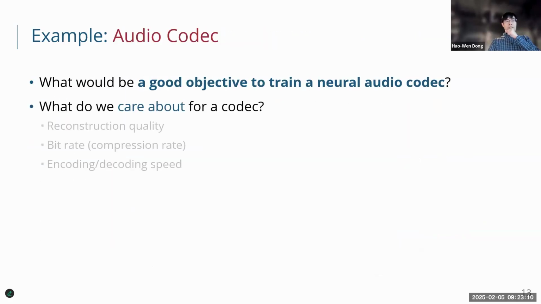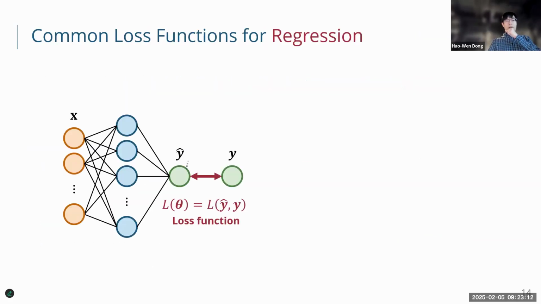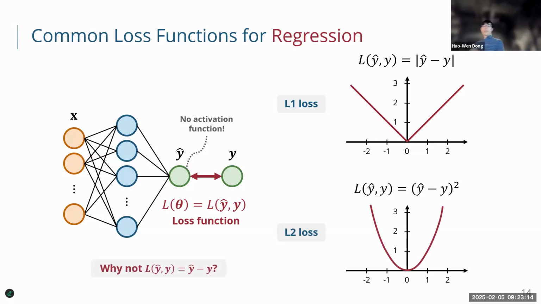So we talked about loss functions. I'll skip those, but basically we talked about L1 and L2 loss in the simplest form. The idea is that you want to get the absolute or squared difference so that you can make the function better.